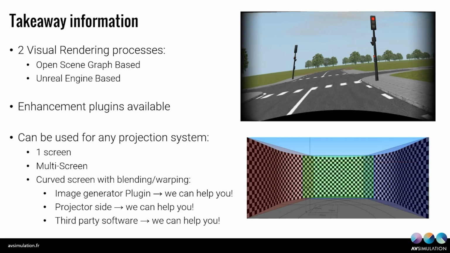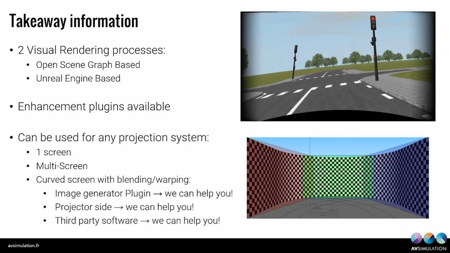We have used this one on several simulators, so you can either use the documentation to configure it like you would need it, or you can ask for help, of course, from our part, because we have done it in many simulators. So feel free to ask for help.